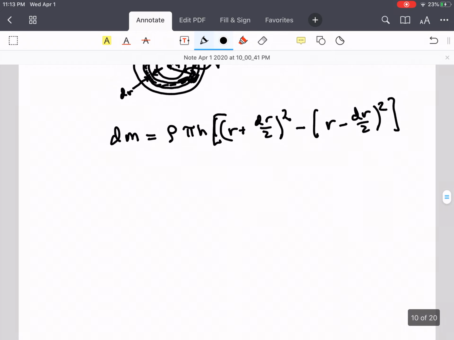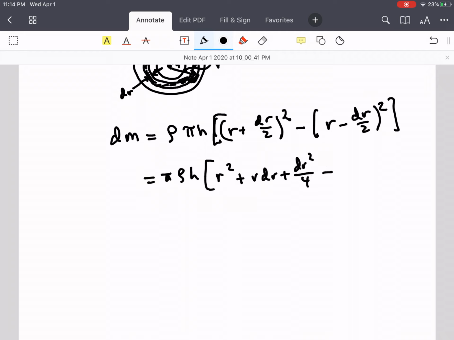Now let's just do a couple of lines of algebra. This turns out to be exact, though there's no guarantee of that, but it's nice, so why not? So this is pi rho h times r squared plus r dr plus dr squared over 4, minus r squared plus r dr minus dr squared over 4. The r squareds cancel. The dr squareds over 4 cancel.